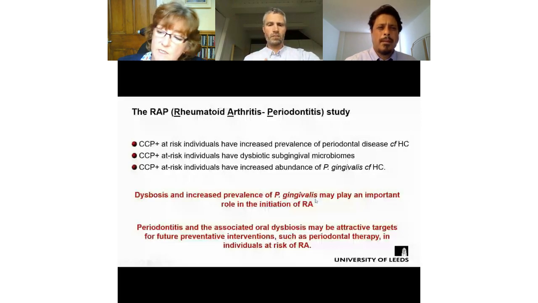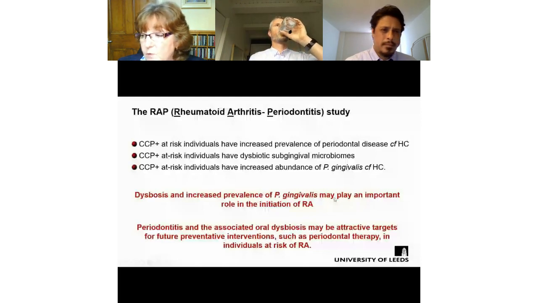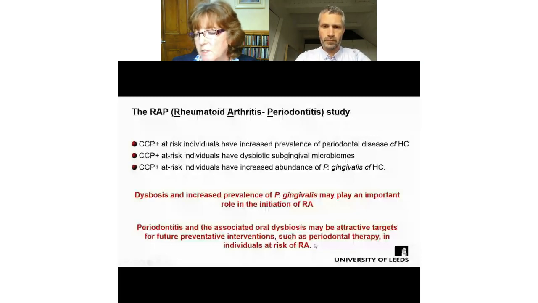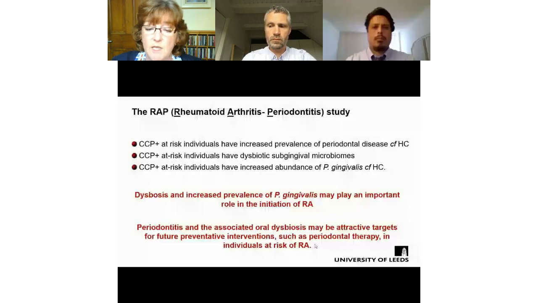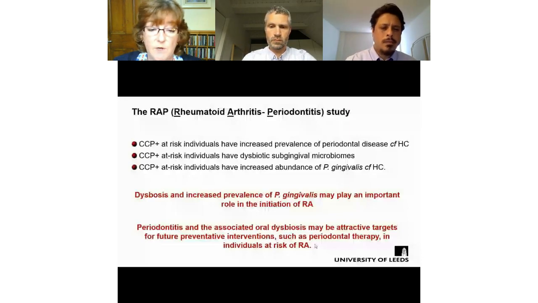So we would suggest that this dysbiosis and an increased prevalence of P. ging could play an important part in the initiation of RA, and this is something that we want to pursue further. And we particularly want to look at whether periodontitis and the associated oral dysbiosis could be attractive targets for preventative interventions, including periodontal therapy in those people who are at risk of RA, to see if we can slow that down or stop it or ameliorate the symptoms.